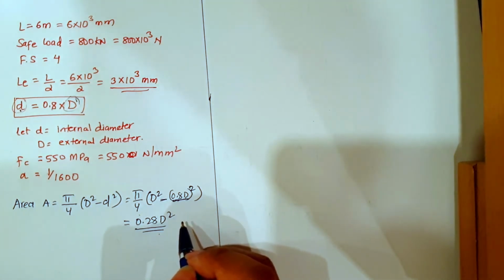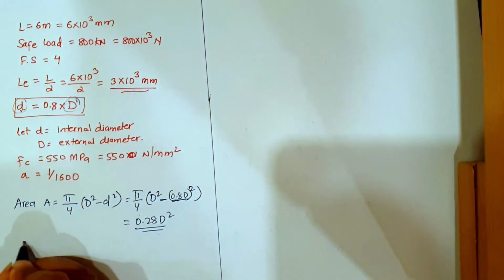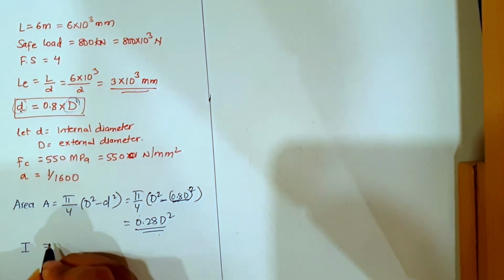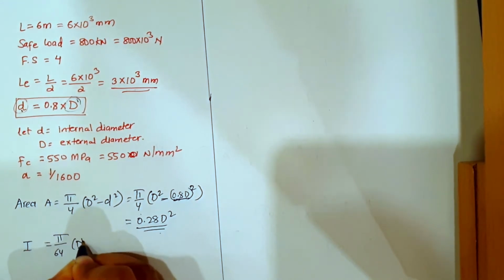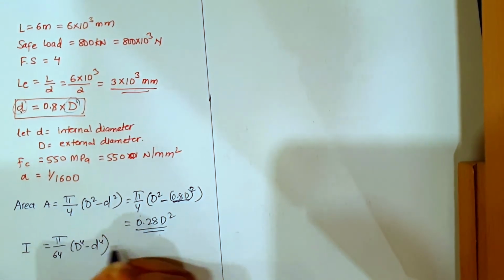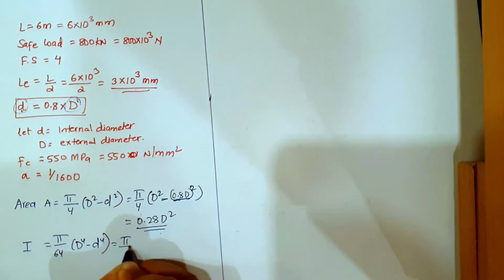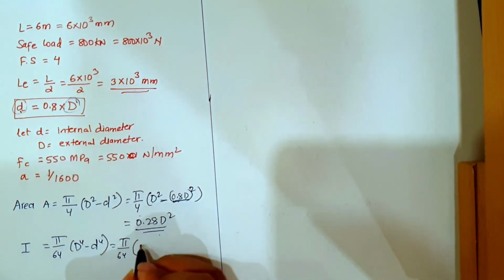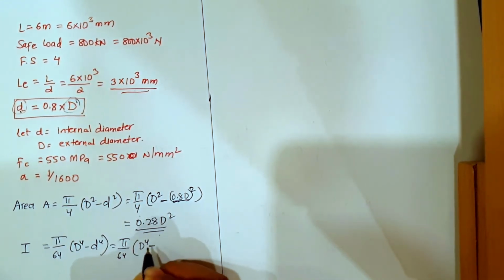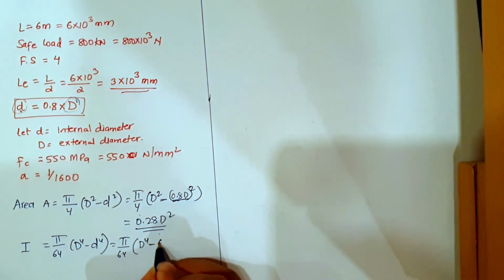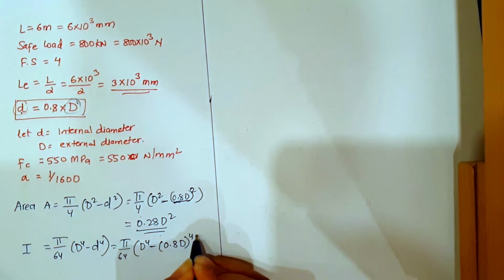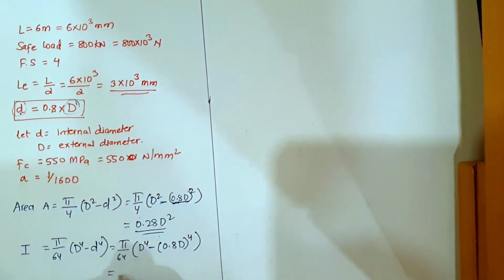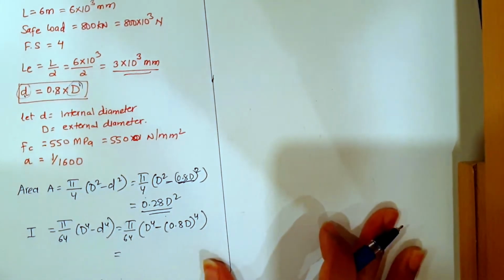Now next, let us find the moment of inertia I. I will be equal to pi by 64 into D raised to power 4 minus small d raised to power 4. This will be pi by 64 into D raised to power 4 as it is, minus 0.8 D raised to power 4.